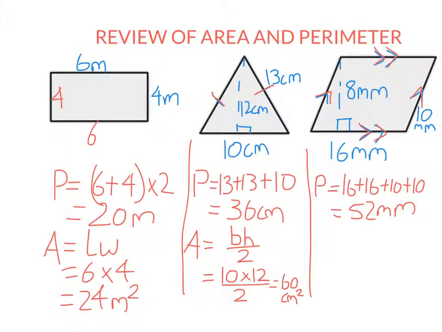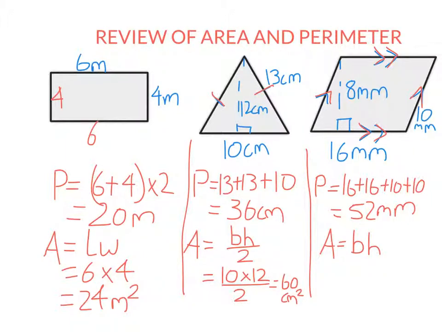For a parallelogram, it's basically a rectangle, but slanted. The difference is that a parallelogram doesn't necessarily have right angles. So we have to make sure we're timesing the base by the perpendicular height, not the slant height.